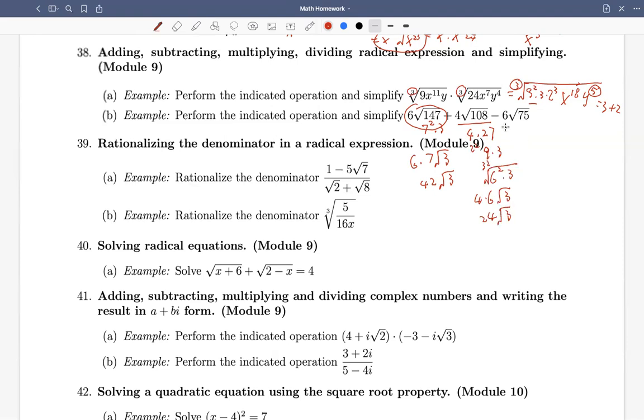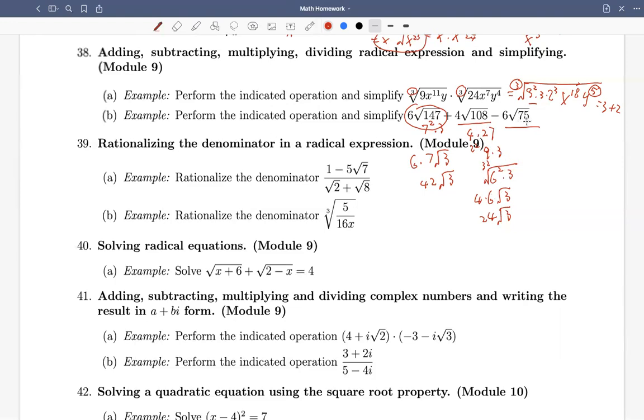Then let's see this one. Oh, you know, about those radicals, I made a list about the family of square root 2, the family of square root 3, the family of square root 5 in some videos. If you have time to watch the video, I've made a list of it. Or you can always simplify like I'm doing right here.